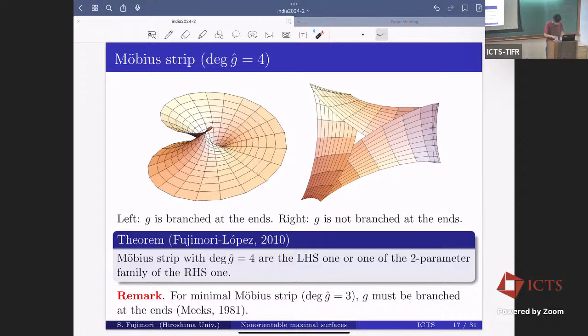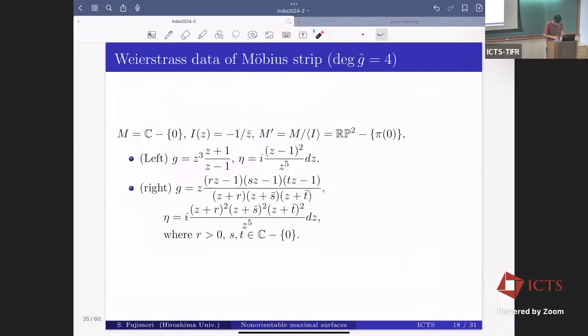Okay. So let me show the Weierstrass data. So M is this, and I is this. When the Gauss map is branched at the end, we have the Weierstrass data this way. And when the Gauss map is not branched at the end, then we have this Weierstrass data.